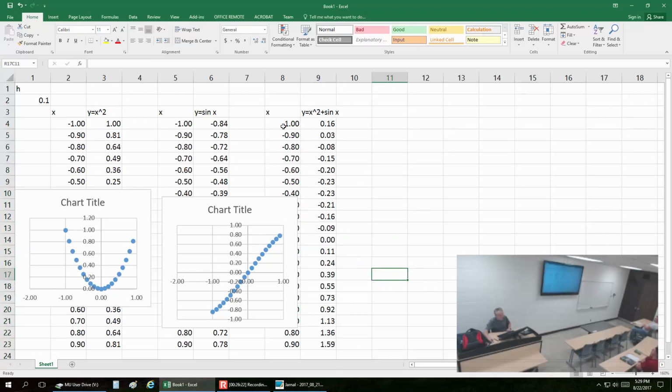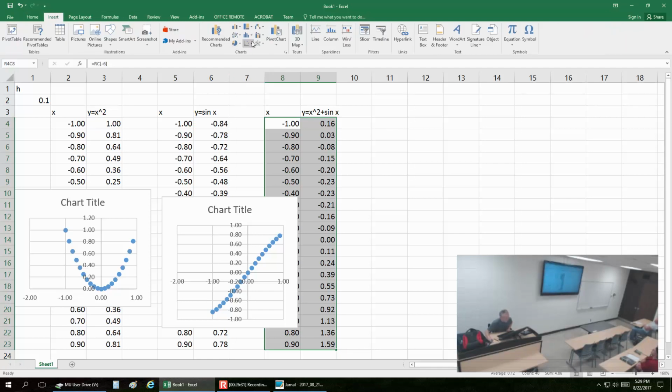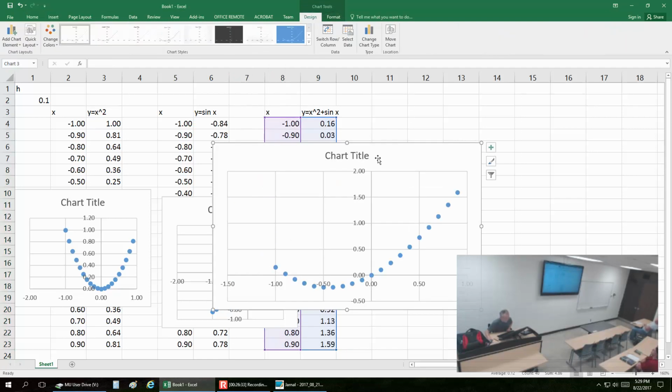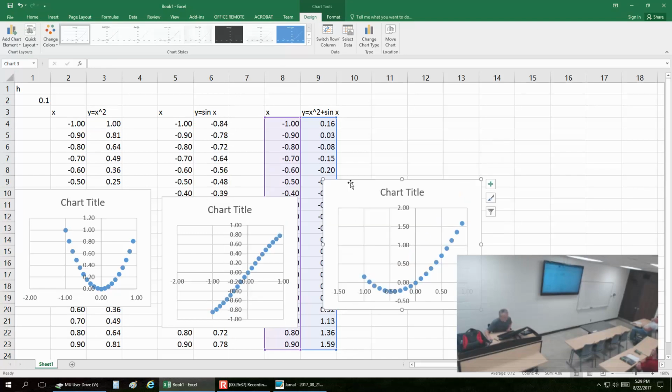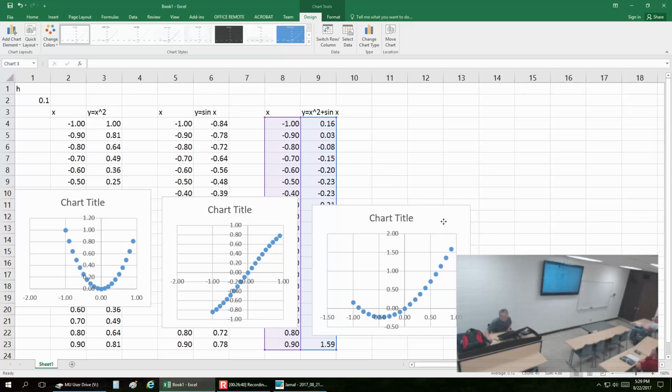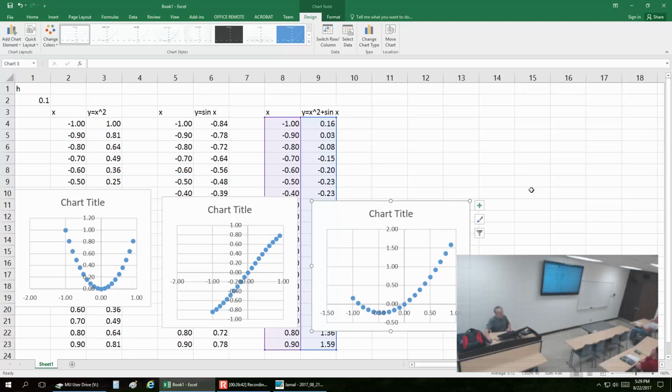Once again, I could plot it if I want to. You can probably predict what the graph looks like. So this is the sum. It is mostly dominated by the parabola on the left. Unfortunately, Excel doesn't keep things straight, it resizes the window, so it is a bit disproportional.